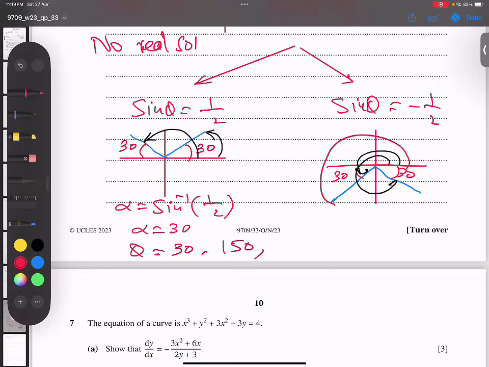Third is 180 plus 30, 210 degree. And last one is 330. I hope you got the point very clear. Yes, so we got all 4 answers.